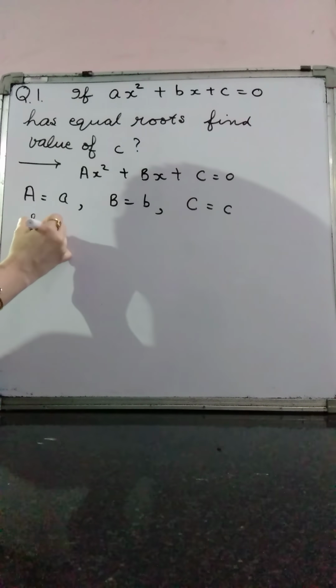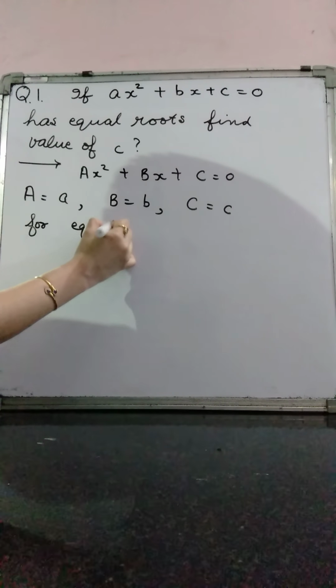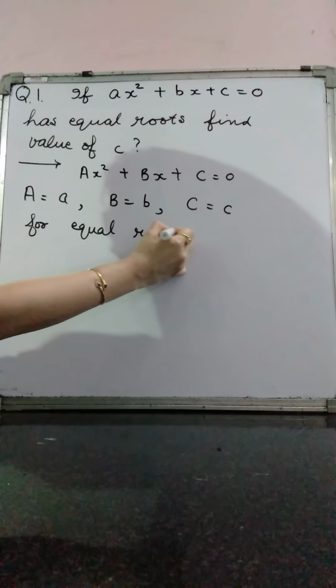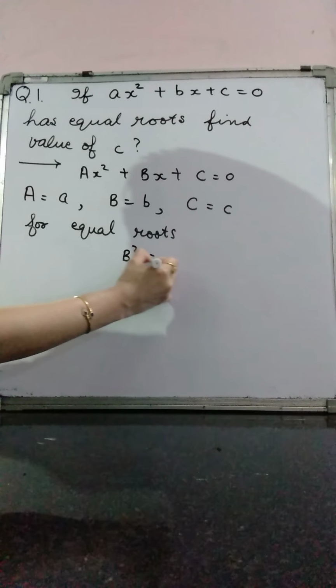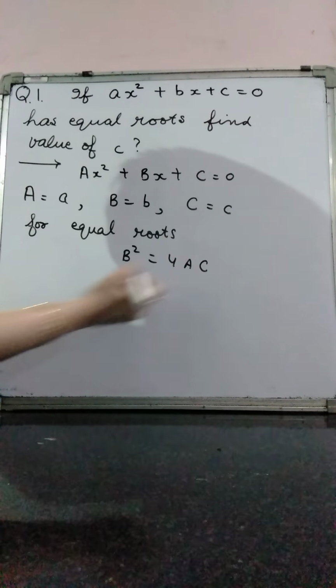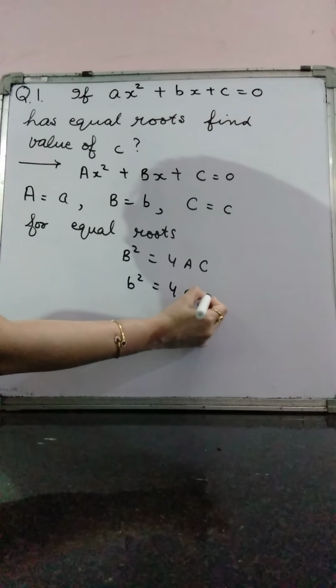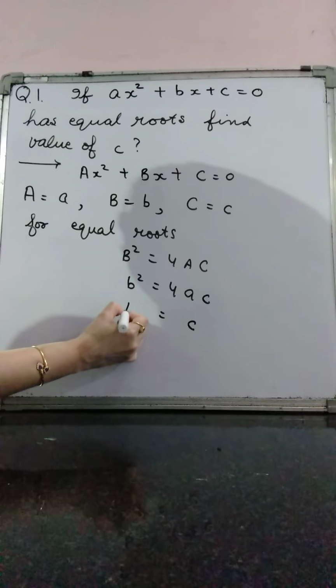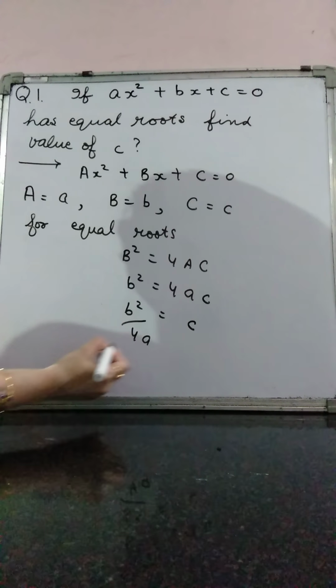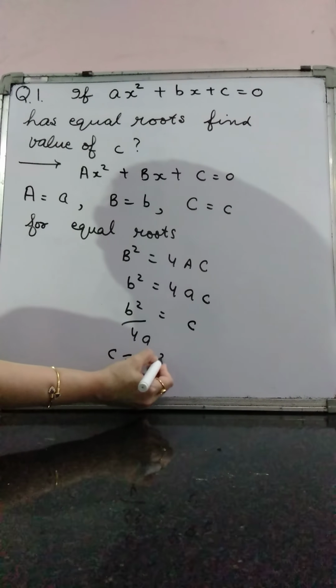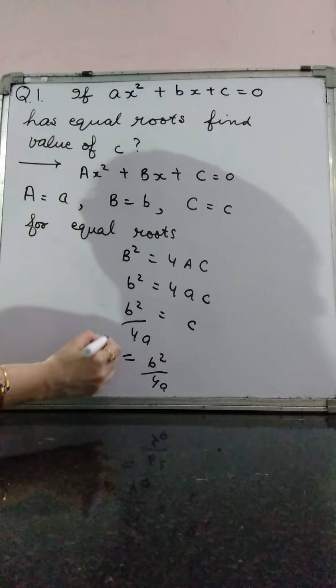For equal roots, condition is b square is equal to 4ac. Now substitute values. B square is equal to 4ac. Bring 4a in the denominator. So the value of c is b square by 4a.